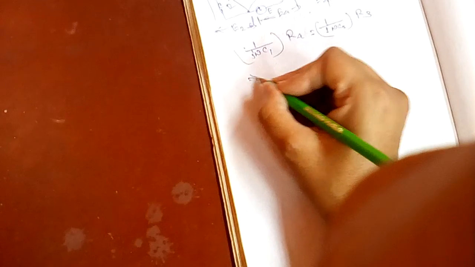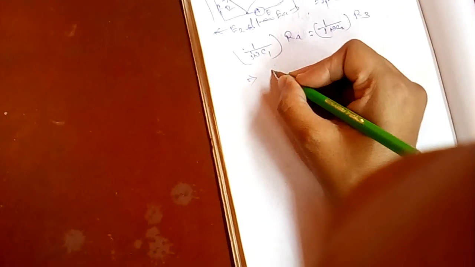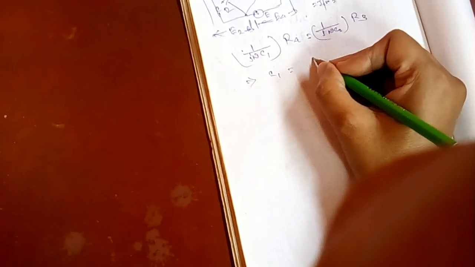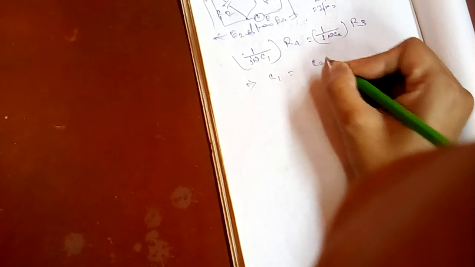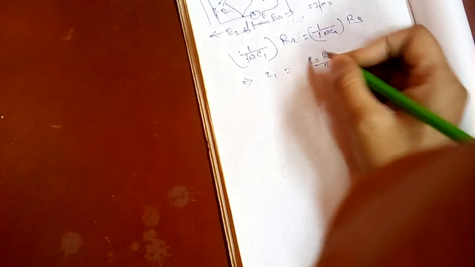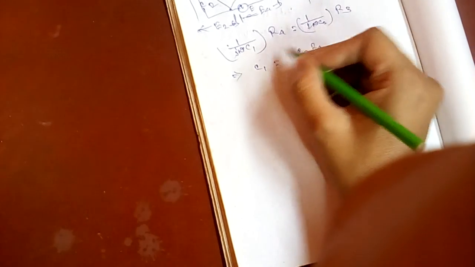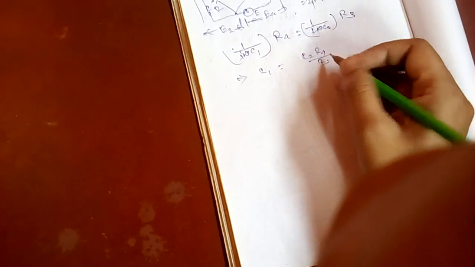If we calculate, we get C1 equal to C2 R4 by R3, since j omega is cancelled.